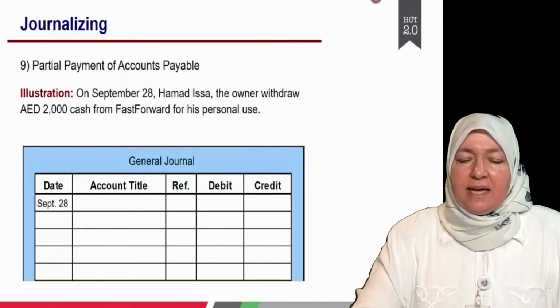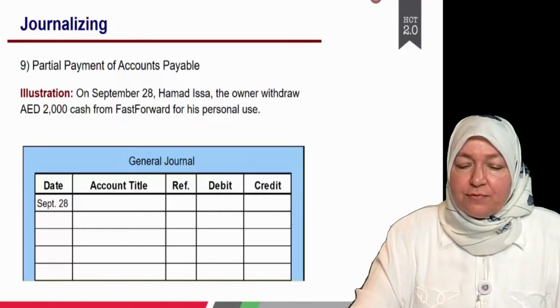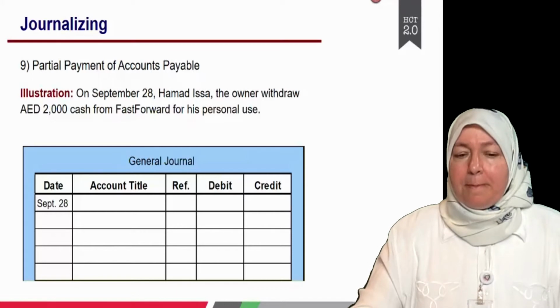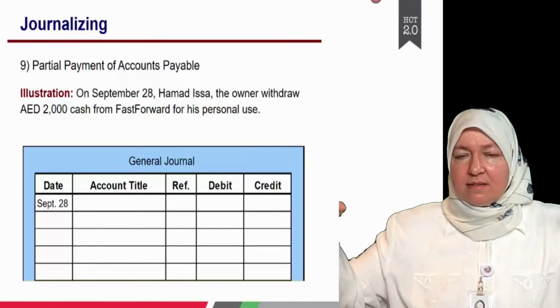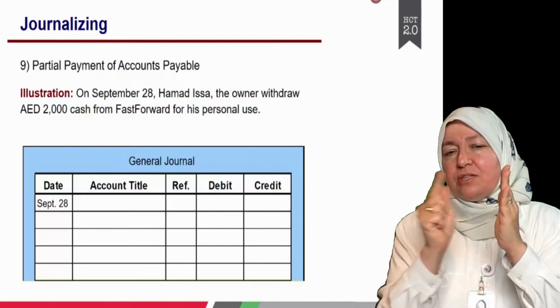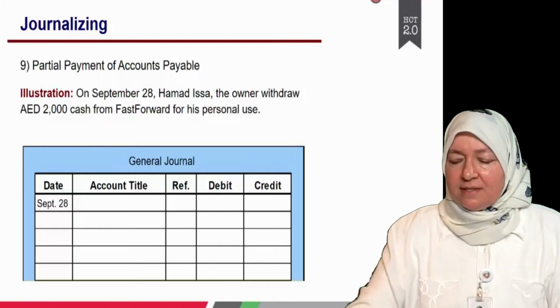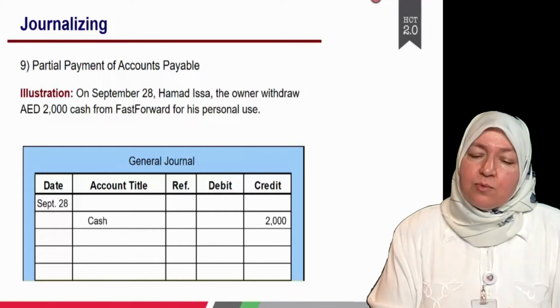On September 28, Hamad Isa, the owner, once again withdrew 2,000 cash from Fast Forward for his personal use. Okay, let's start with cash. Cash is an asset, debit, and here he's withdrawing, that means cash is decreasing. So it's the opposite. It would be cash credit by 2,000. Now the debit side is what?